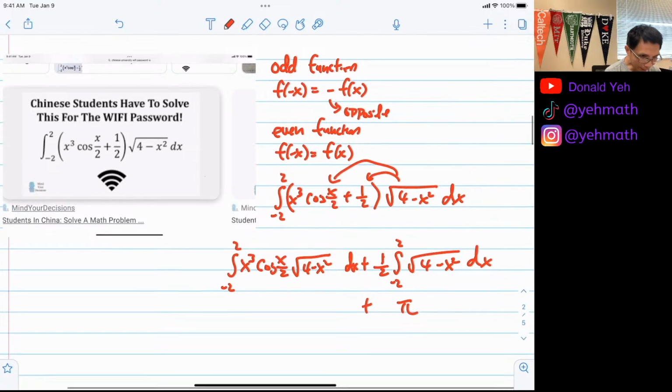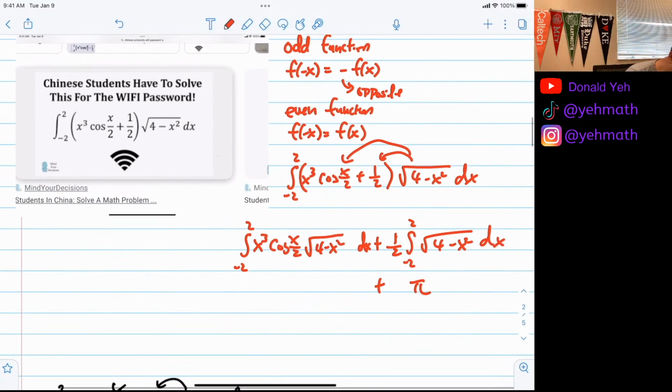And you're like, okay, how do I know about the left part? We are going to look at whether this is an even or odd function. So we're going to say there's some g of x equal to x cubed cosine of x over 2 square root of 4 minus x squared. We're going to plug in negative x and see if it is the opposite of before.